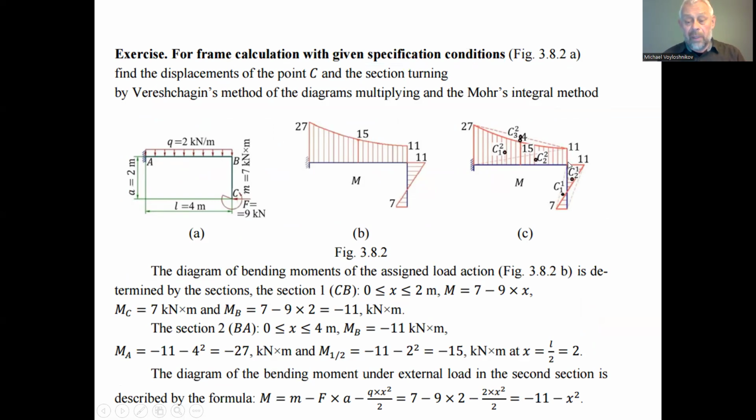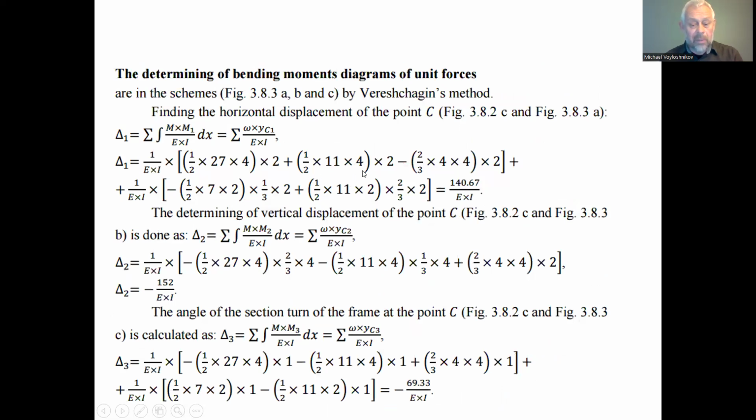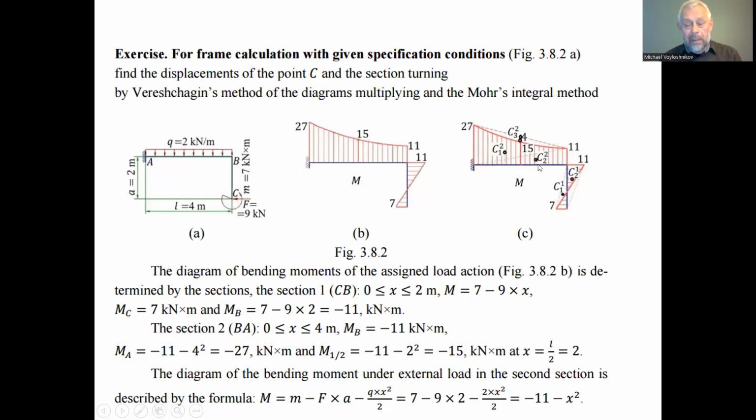So 11 is the size of the base of the triangle, the height is 4, the area is 11 multiplied by 4 and by 1/2, and we multiplied by 2. 2 is the ordinate under the location of the center of area of the second triangle when we decompose this trapezoid diagram into two triangles, and the one negative subtracted is the parabolic segment of the diagram.